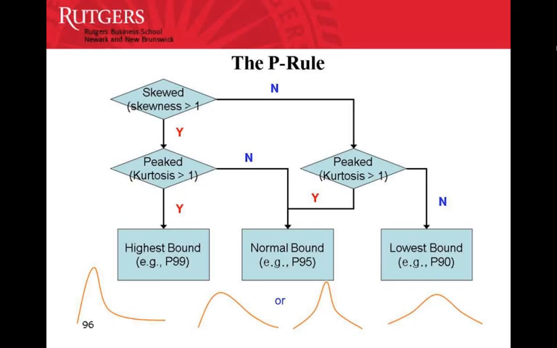And the P rules is, he looked at, now, basic statistics here you might not remember. There is this thing called kurtosis, and there is a thing called skewness. And kurtosis has to do with, is this normal distribution fat or skinny? And skewness, is it bent left or is it bent right? Bent left, bent right.